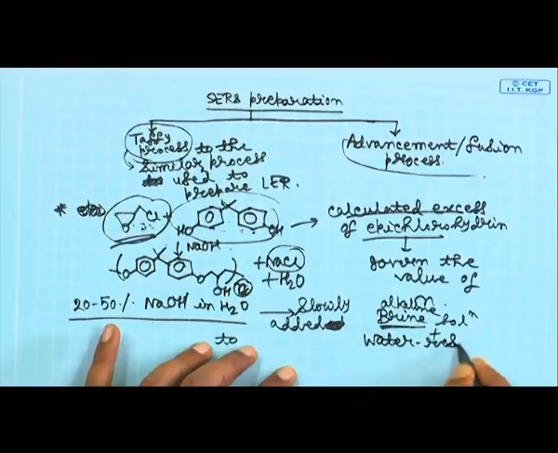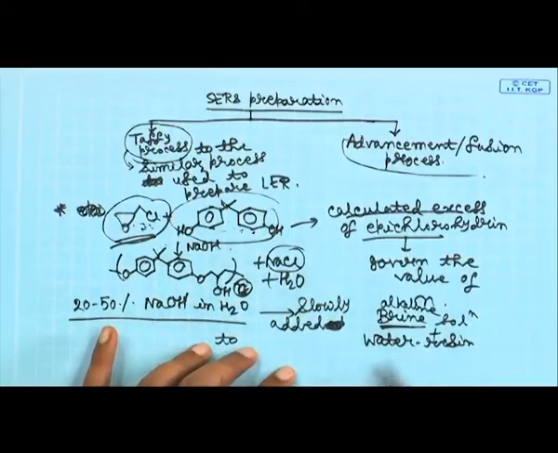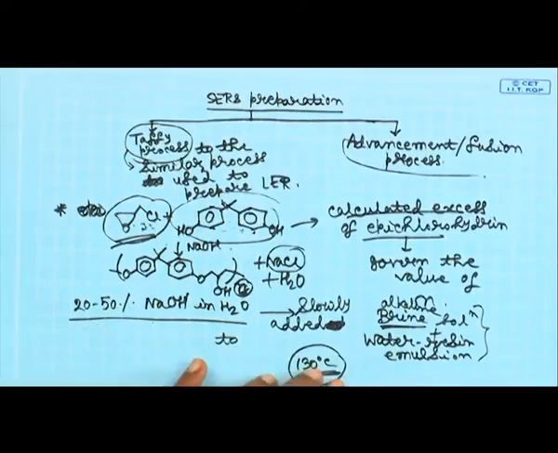Your product has been formed, your high molecular weight epoxy resin has been formed. So, this is a water resin emulsion, and you separate out the phases, and the resin that you have got you wash with water, and then you heat it up to 130 degrees Celsius, typically around that temperature, to remove your water, and then you get your solid resin.